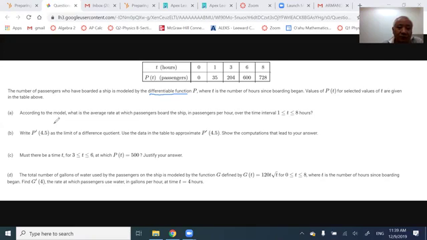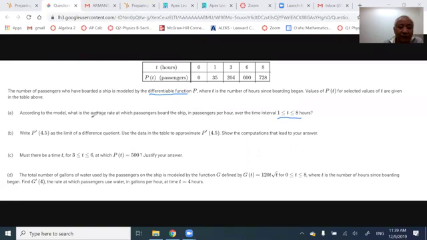They said, according to the model, what is the average rate at which passengers board the ship, in passengers per hour, over the time interval of 1 to 8. So when we do this one, we simply use the formula of average rate of change, right?